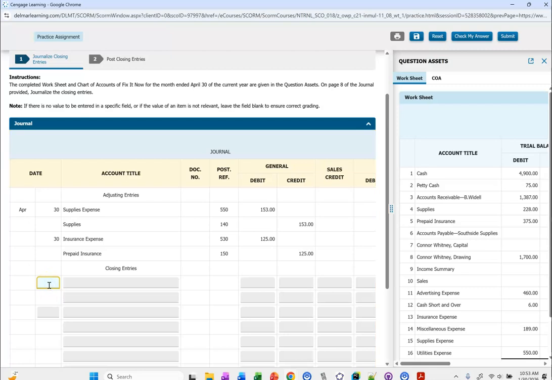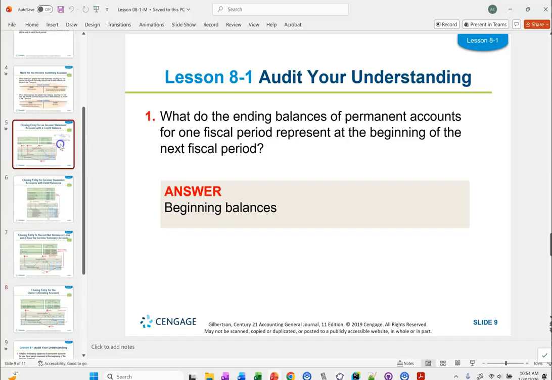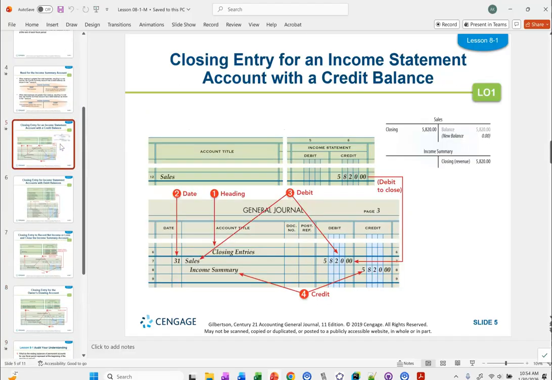So the date for each of these will be the 30th. The first one is sales, and the entry there is income summary. When I worked on this, I kept pulling up the PowerPoint for each one of the phases and going back to that.